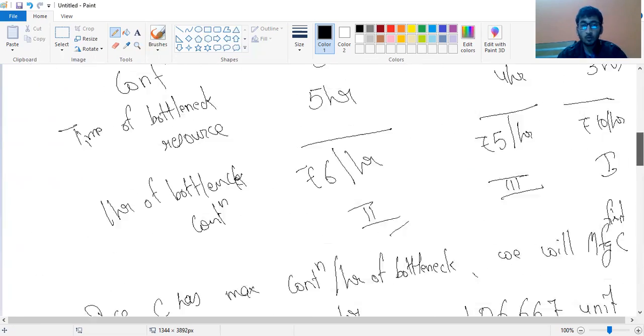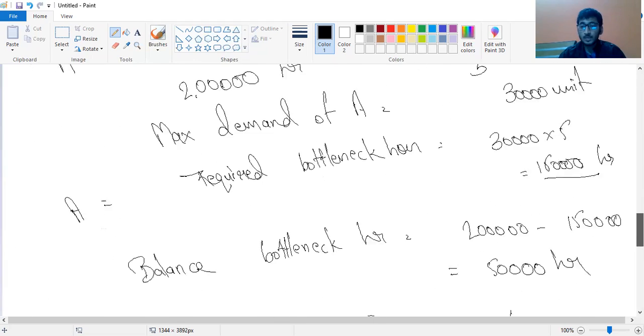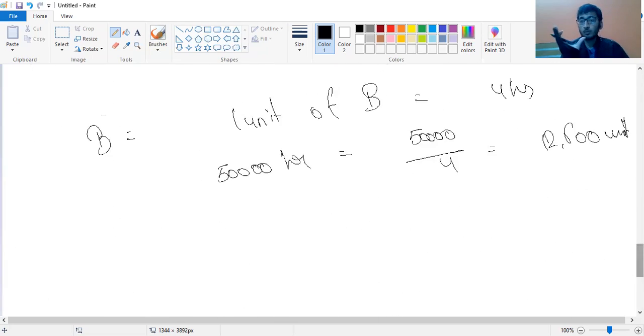And what is the maximum demand? It is 25,000. But since we have limited bottleneck resources, only 50,000 hours left, we can manufacture a maximum of 12,500 units of B. So this is the answer.